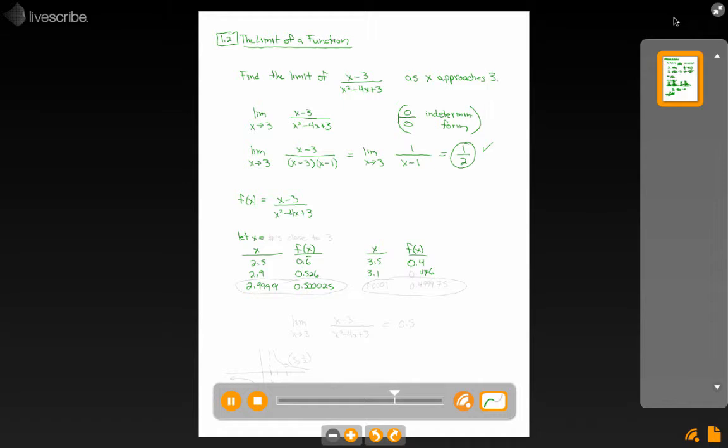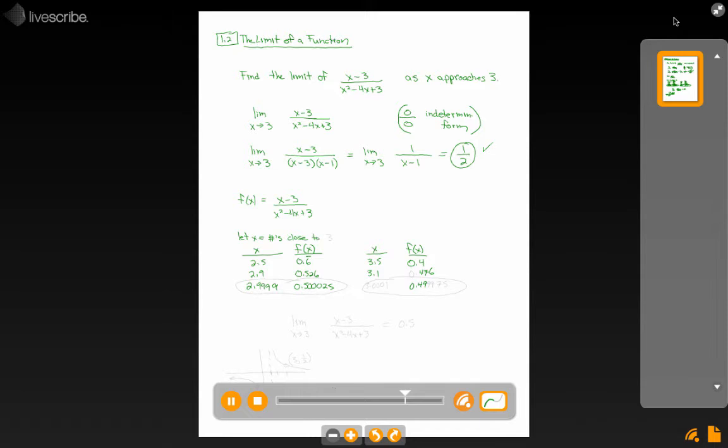If I put in 3.0001, 1/10,000th of a unit away, I get 0.499975.